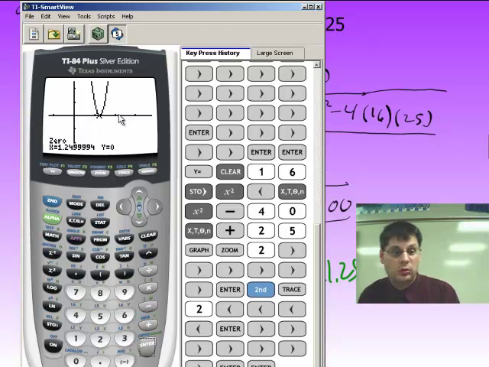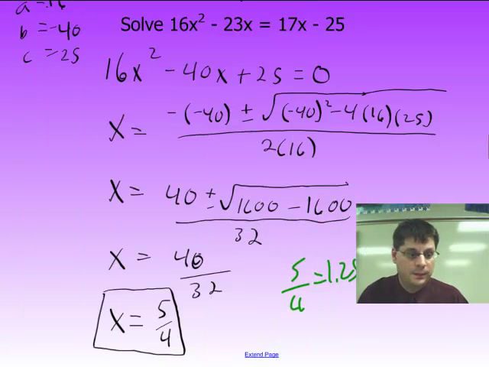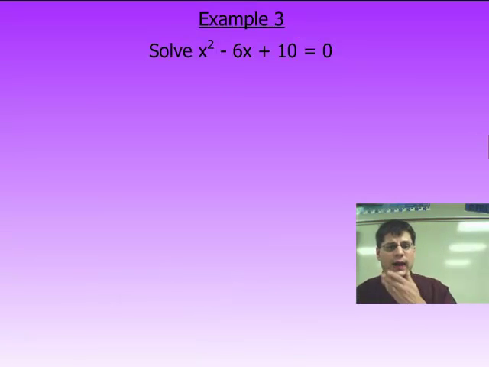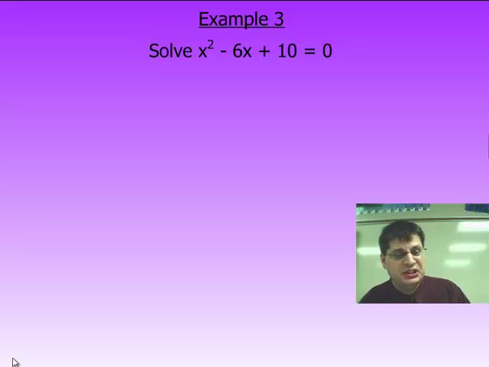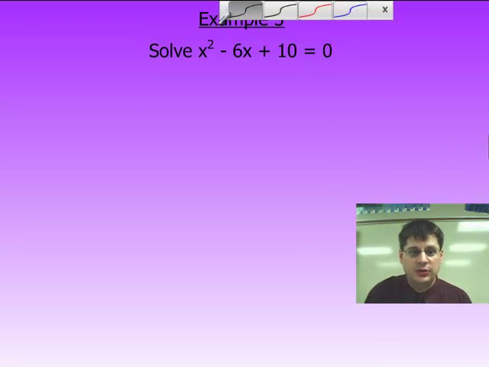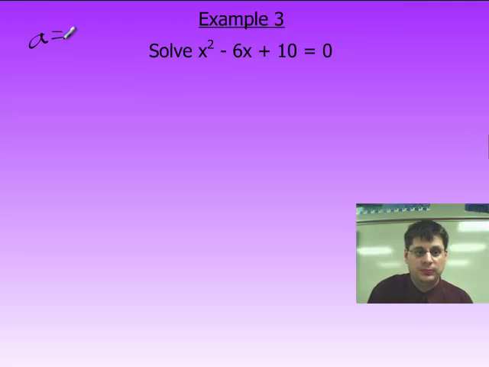Could we have more or less? Well, let's explore that possibility. Let's do one more. Okay, in this example, it's already set equal to 0 for us. So all we have to do is substitute our values into the quadratic formula. So a is equal to 1, b is equal to -6, c is equal to 10.